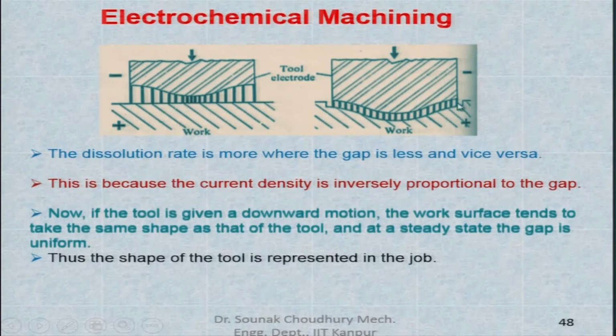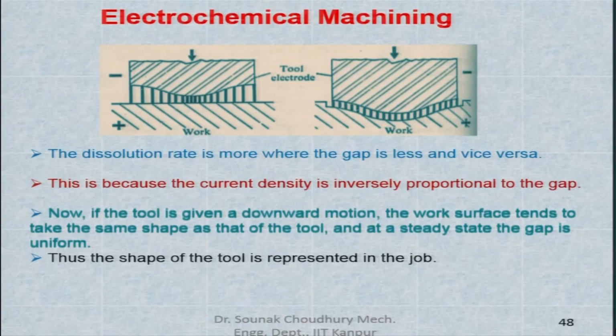So, this much material is removed and the workpiece shape is becoming the same as the shape of the tool. That means the shape of the tool is conformed to the workpiece. And of course, there should be a movement of the tool towards the workpiece, because the standoff distance is increasing. So, this is the schematic diagram of electrochemical machining, which shows the principle.